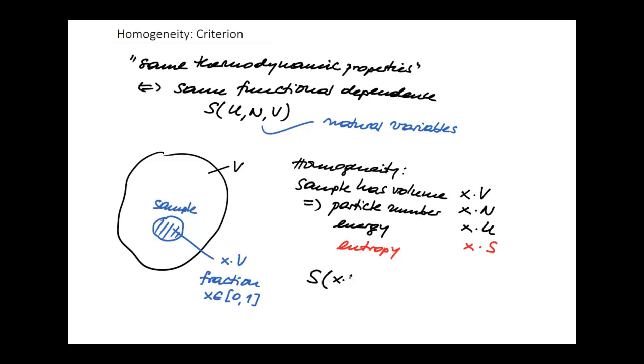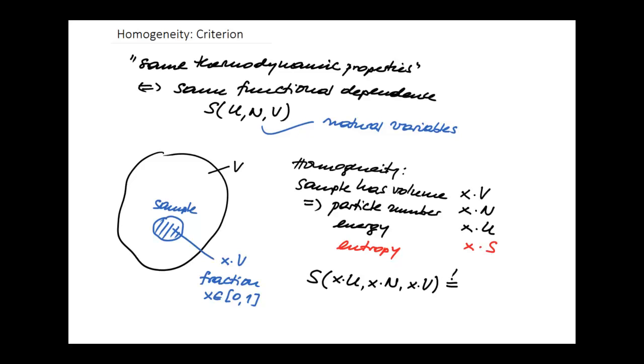Now energy, particle number, and volume of the sample are fractions x of the entire system, respectively. And then the entropy of the sample is this function S of x times U, x times N, and x times V.